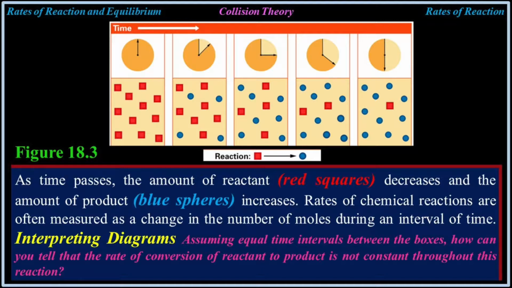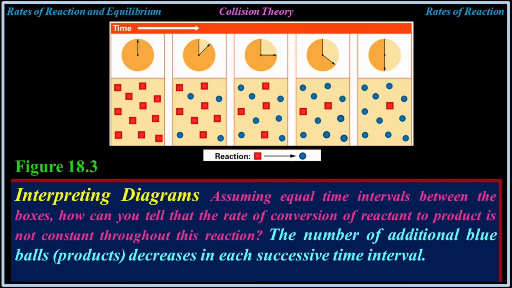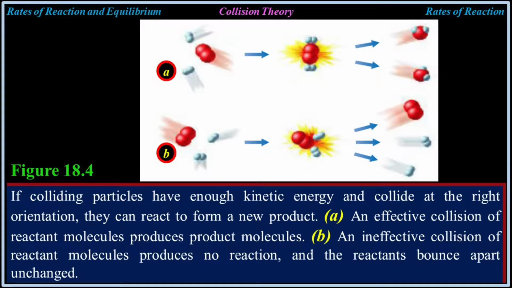Assuming equal time intervals between the boxes, how can you tell that the rate of conversion of reactant to product is not constant throughout this reaction? The number of additional blue balls, products, decreases in each successive time interval.